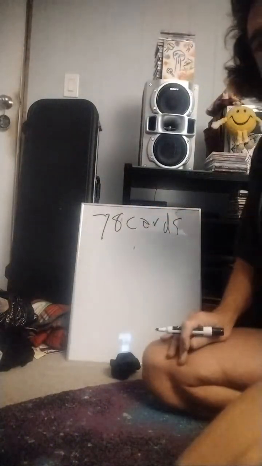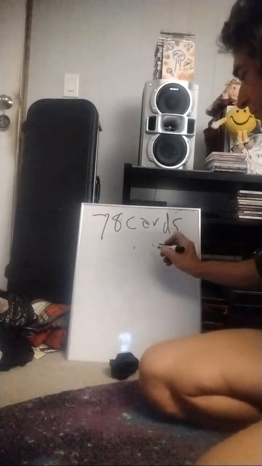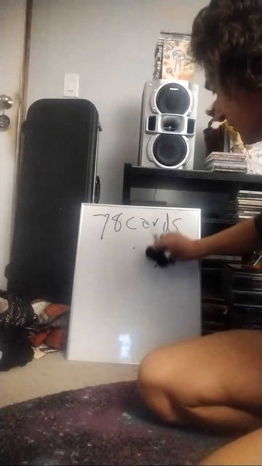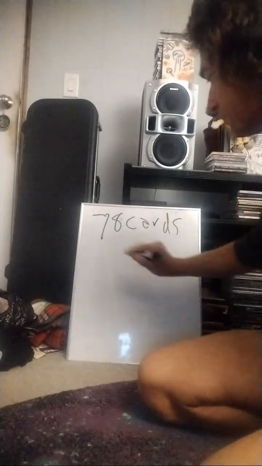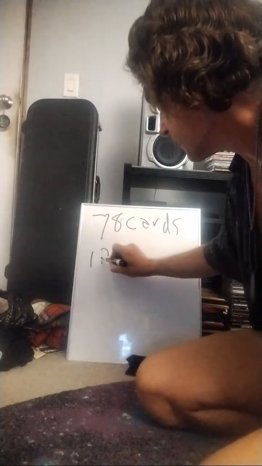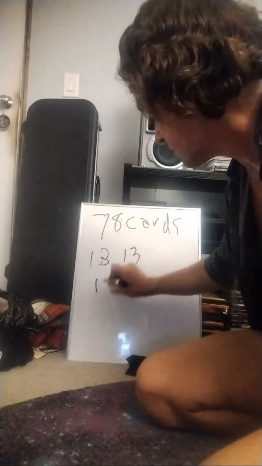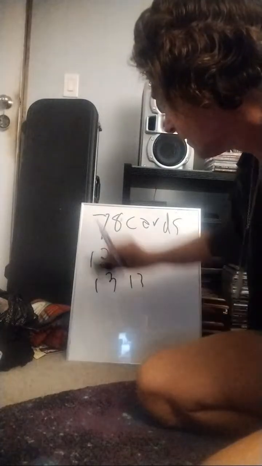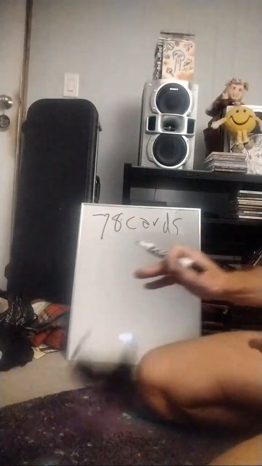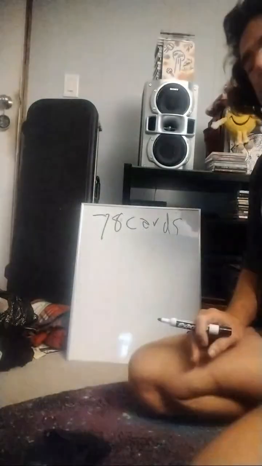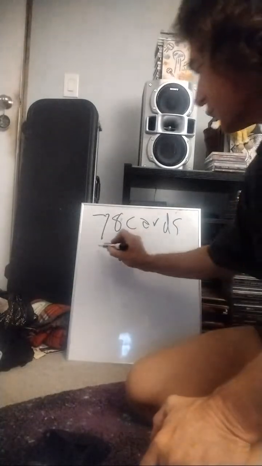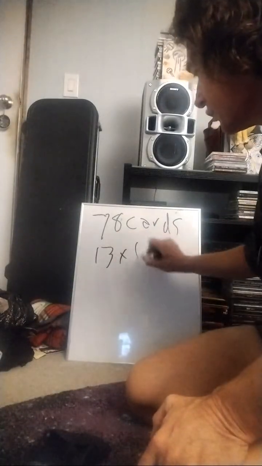Now, why is this interesting? Well, there were 52 cards in a playing card deck, and 52 was 13 times 4. It was 13, 13, 13, 13 in a square. But what's interesting about the number 78? I'll give you a second if you want to guess. Any ideas? Well, it turns out that 78 is 13 times 6.